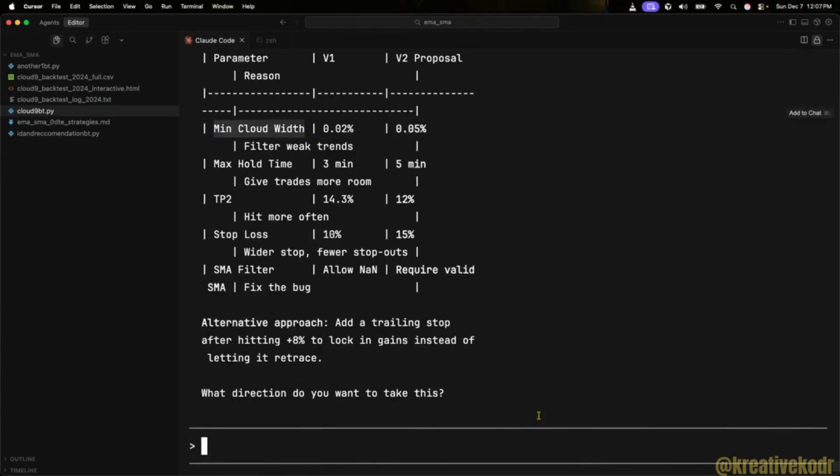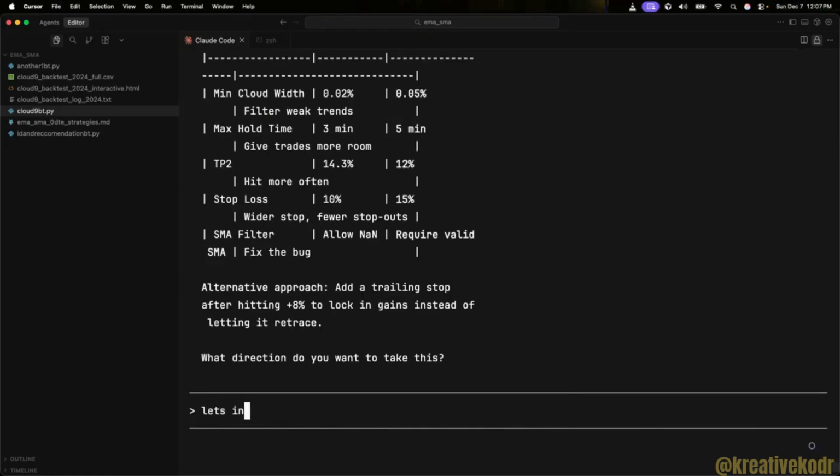No, okay, here's what I want to do. Let's increase the min cloud width to 0.12%. Let's find and fix the SMA bug and fix it.